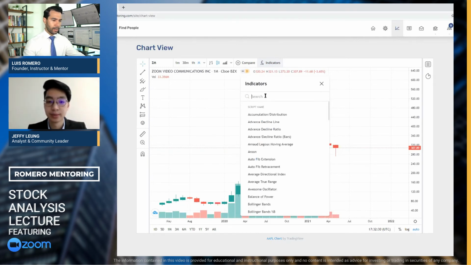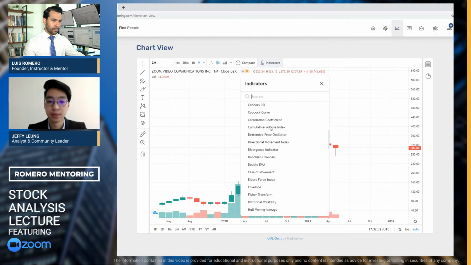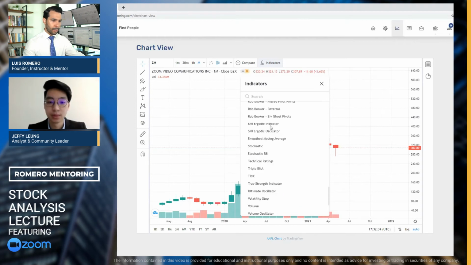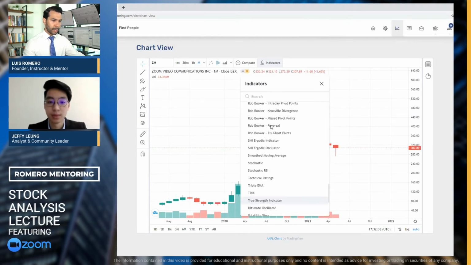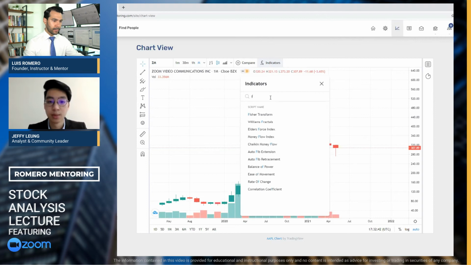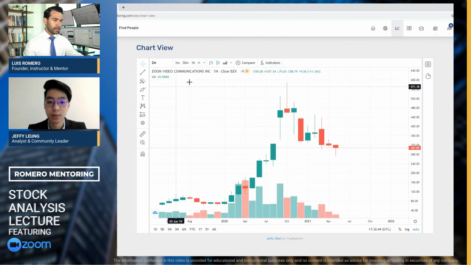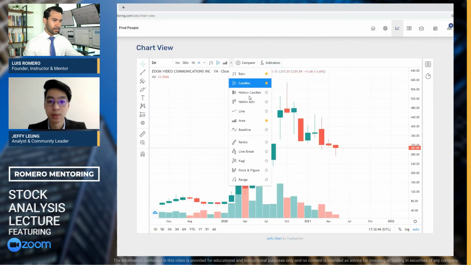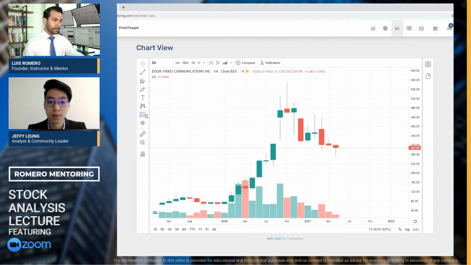Okay, I'm trying to see if I can find a technical tool and perhaps run Fibonacci retracements. Let's see if I can find it. Nope, it's not on this one. Is it here? I just want to gauge the retracement.